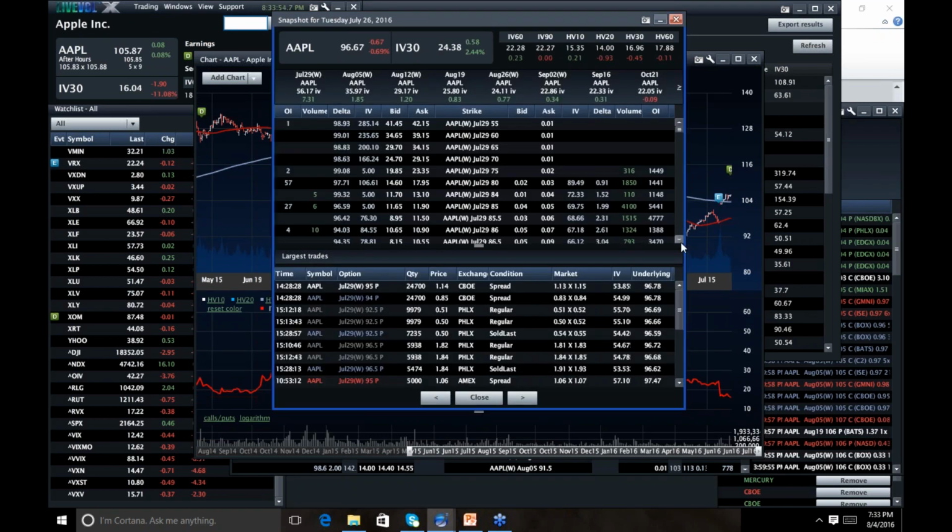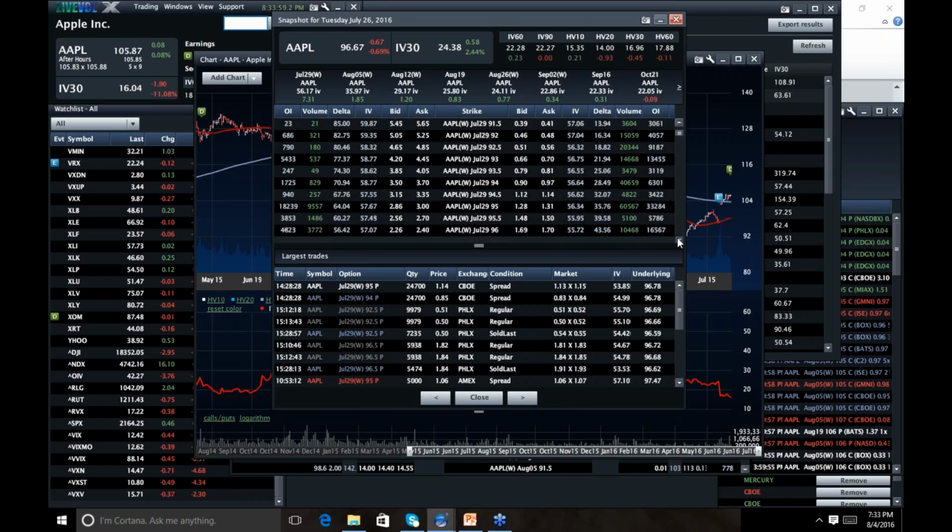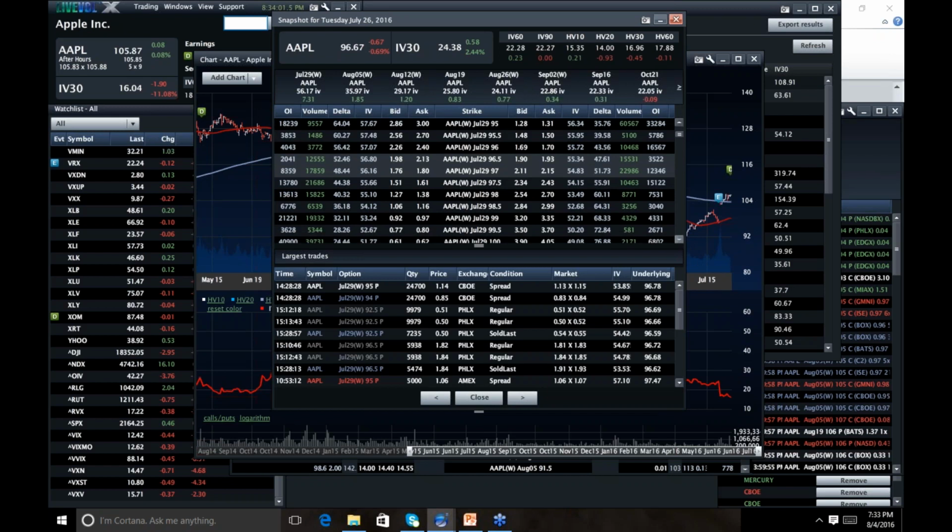And here's this cheapy July 29 straddle. It was too cheap. Apple's 96.5. I could buy the 96.5 straddle for about $4. So I think Apple's going higher.